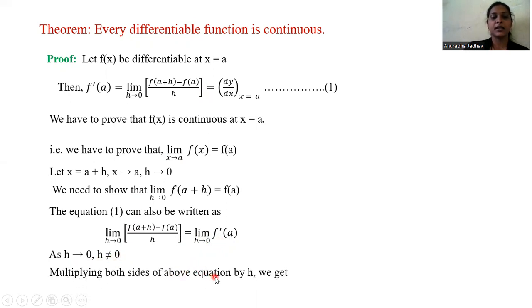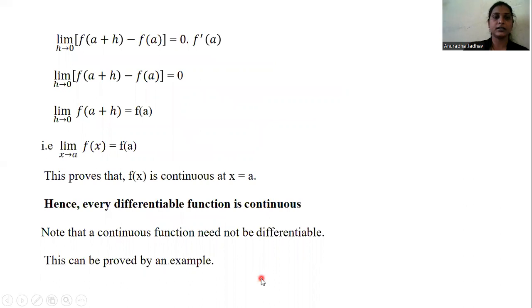Multiplying both sides of the above equation by h, we get f of a plus h minus f of a is equal to 0 into f dash of a. Then limit as h tends to 0, f of a plus h minus f of a is equal to 0 into f dash of a, which is 0.